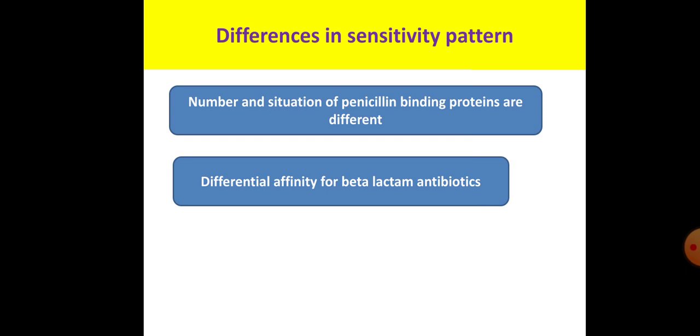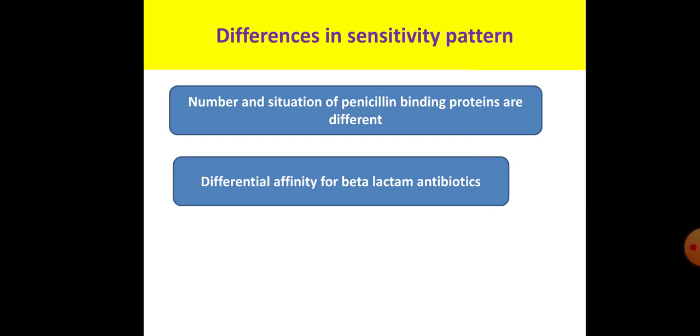So the effective antimicrobial spectrum contains the following organisms. Now, there is one very big question that comes to everyone's mind: why are there differences in the sensitivity pattern? Why, even among these sensitive microorganisms, is the sensitivity of each microorganism not the same?